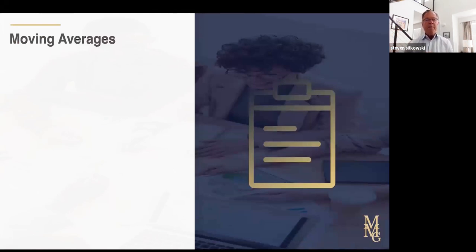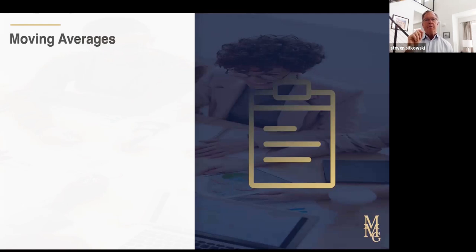All right, so we're going to begin this journey with one of the most basic of all the technical indicators. It is called the moving average. So first of all, what is a moving average? It plots a series of closing prices and averages them over some period of time. So let's say we wanted to look at a 3-day moving average, just hypothetically.